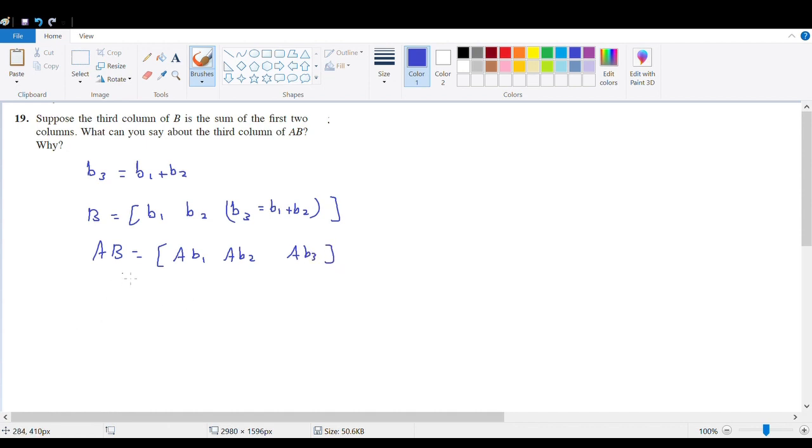But what is Ab3? It is A times b3, and we know b3 is b1 plus b2. Using the properties of matrix multiplication, we get Ab1 plus Ab2. So Ab3 is equal to Ab1 plus Ab2.